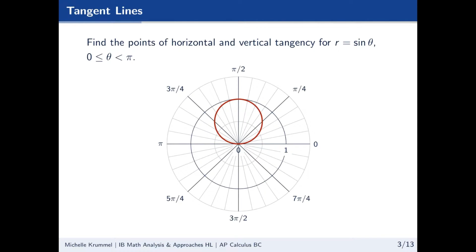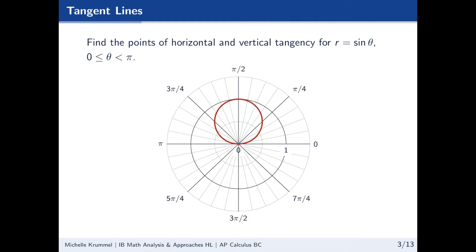Let's take a look at a specific example. Find the points of horizontal and vertical tangency for the polar curve r equals sine theta. And we're only going to work on the interval from 0 to pi, theta between 0 and pi. Let's start with horizontal tangent first. When is it that we're going to have a point of horizontal tangency?